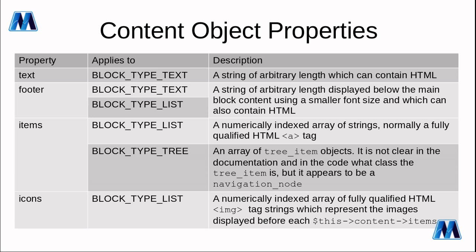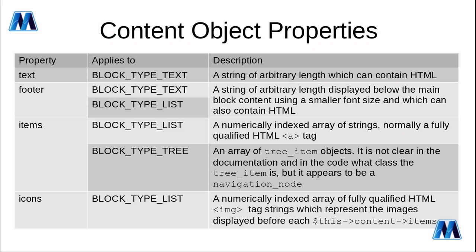Items relate to the list type and the tree type blocks, and so we know the list is a list of links, and the tree type is a list of item objects, navigation nodes. So those are what your items are. And then finally we have an icons property.